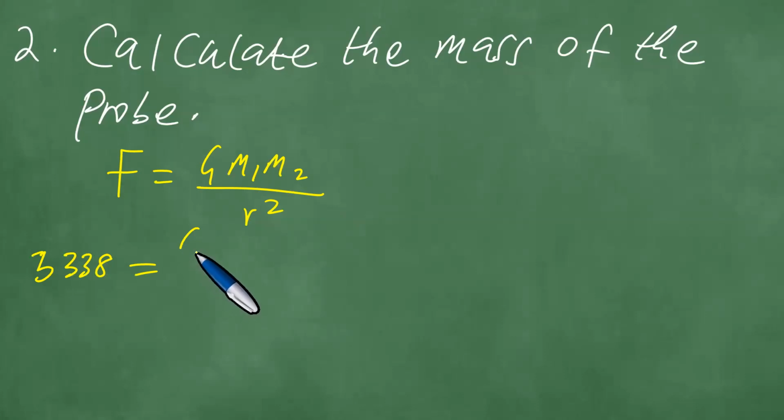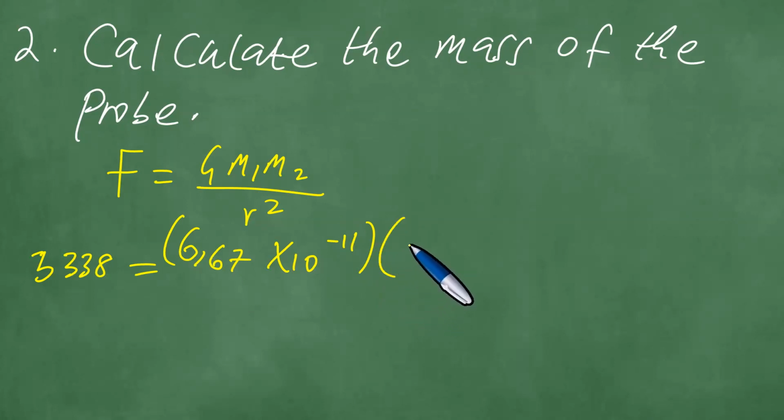G is the universal constant, 6.67 times 10 to the minus 11. Okay, so G is a constant and it is always 6.67.